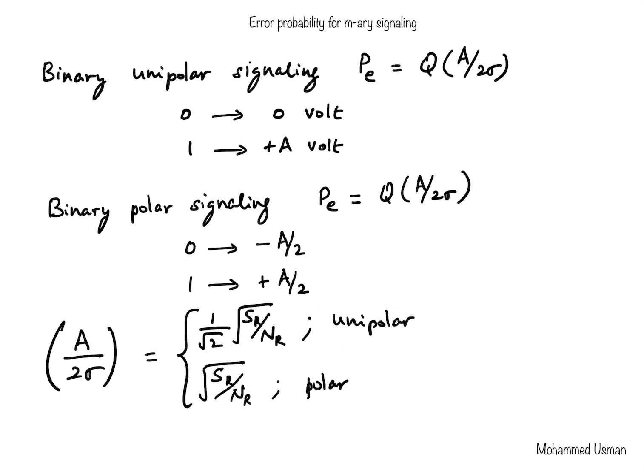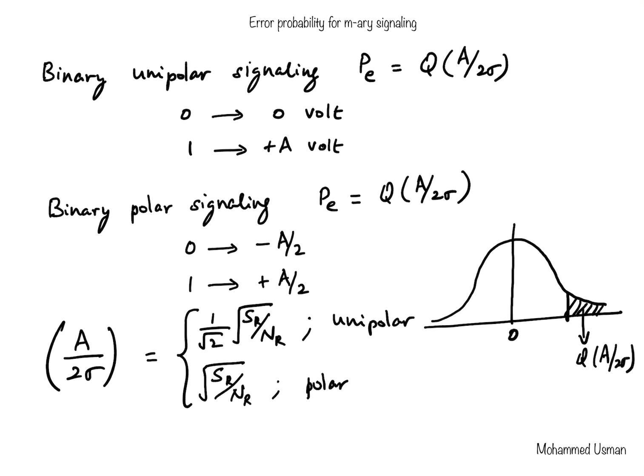So if we plot the Gaussian PDF, which is centered on 0, the error probability is given by this, and this is the Q of A by 2 sigma. But the difference is that in the case of unipolar, this A by 2 sigma threshold is smaller, so it is somewhere here. That means the error probability is actually bigger in the case of unipolar signaling because it is covering a much bigger area.